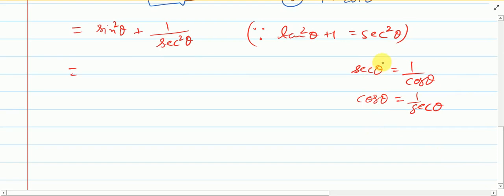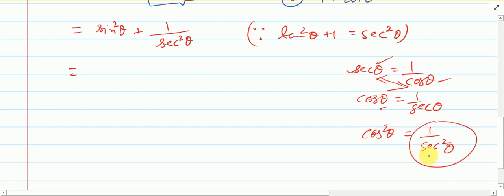If you cross multiply, bring this down, take this up, you get cos theta is equal to 1 by sec theta. Now square both the sides. So what you are getting? You are getting sec square here. So that means 1 by sec square theta can be written as cos square theta.